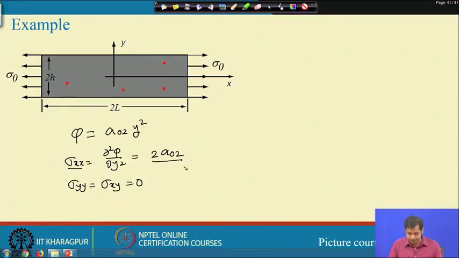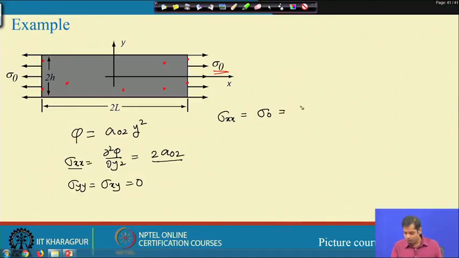One example is this. Now, if the stress is constant at every point, the stress at this boundary is also the same constant. Okay. So, at this boundary stress is known, which is sigma 0. It means that sigma xx will be sigma 0. Okay.